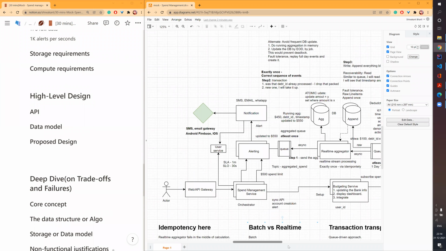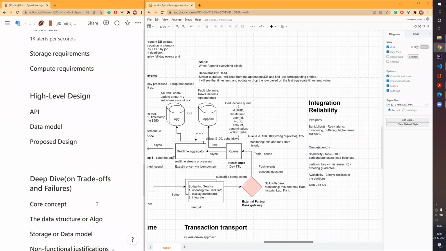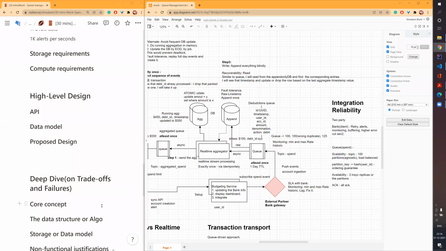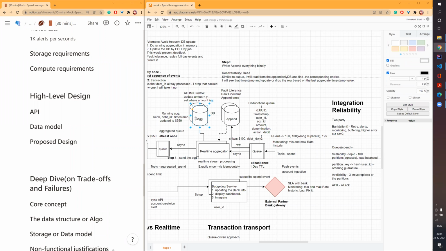Yeah. So will we be using multi-master, since it's a write heavy system for the DB, and QPS is like 100K, right? I think multi-master would become very complicated.